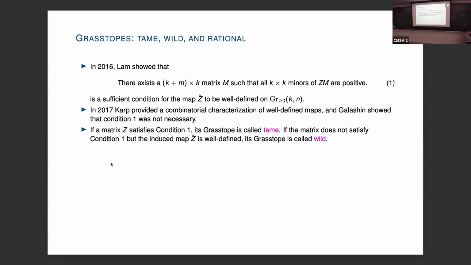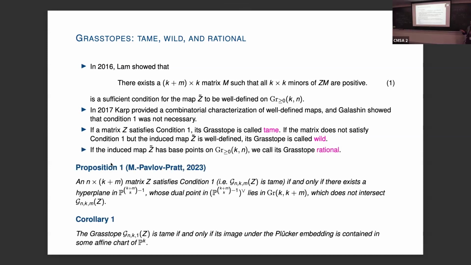We also decided to study what we call rational Grasstopes, which are the Grasstopes when the map is not well defined everywhere. Even if the map has base points, we can just throw out the points where it's not well defined and still consider the image. That image is what we call the rational Grasstope.